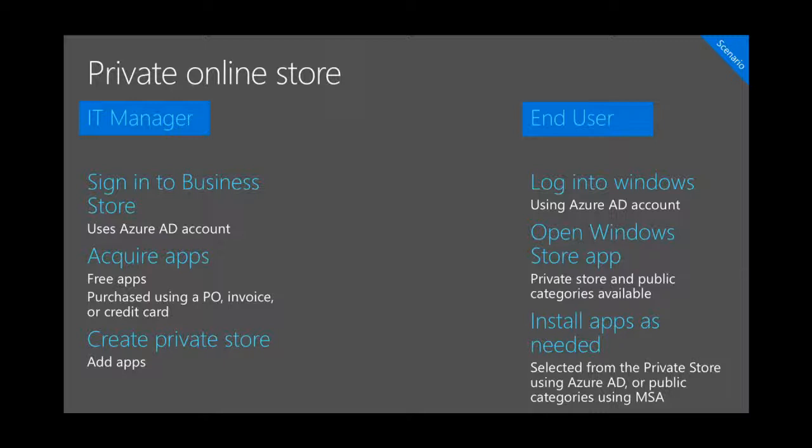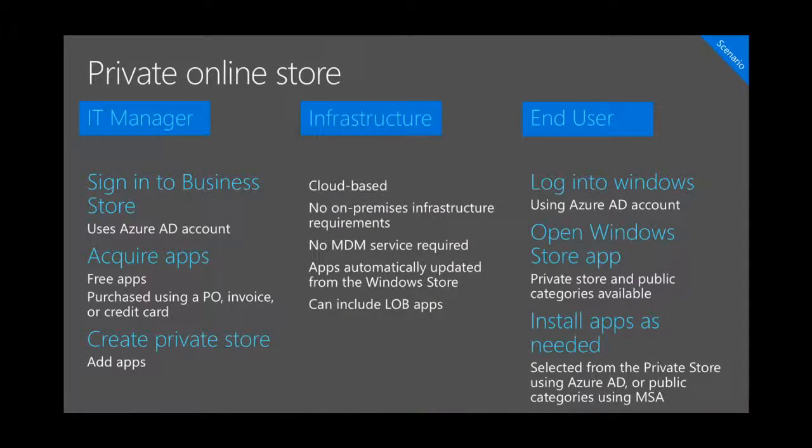The users log into their device using their Azure Active Directory, authenticate against the store, open the store app, and can now download and install those apps from the store directly without you having to manage the apps any further. The store will update the apps if a new version becomes available, and you have control over those licenses.